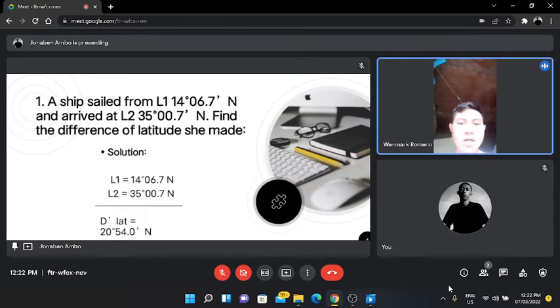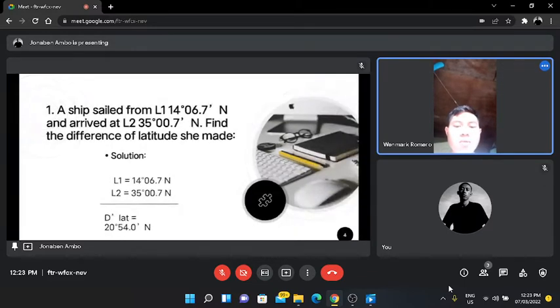The solution is to identify the given: L1 is 14 degrees 06.7 minutes north and latitude 2 is 35 degrees 0.7 minutes north. Since it is the same direction, the DLAT is 20 degrees 54.0 minutes north.